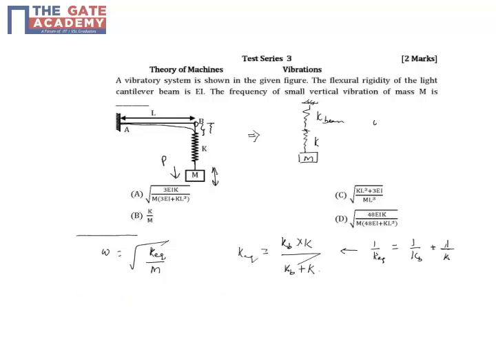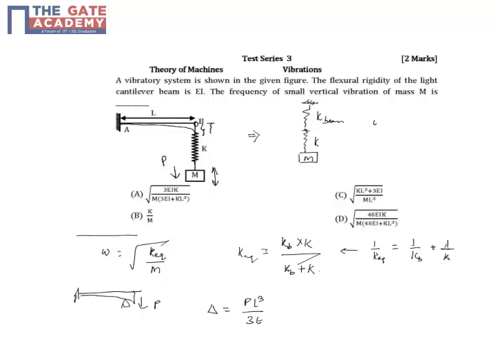KB is basically when you apply a load at the end of the cantilever beam and it deflects by delta. So what is this delta in terms of P? From the deflection of beams, when you have a cantilever beam and a load P is applied at the end, the deflection is PL cube by 3EI.